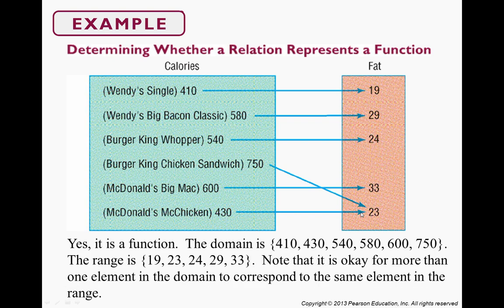And if we look, this is a function. The domain is these values: 410, 430, 540, 580, 600, and 750. And the range are these numbers: 23, 24, 19, 23, 24, 29, and 33. Make sure when you list the domain and range that you are listing them in order from least to greatest.